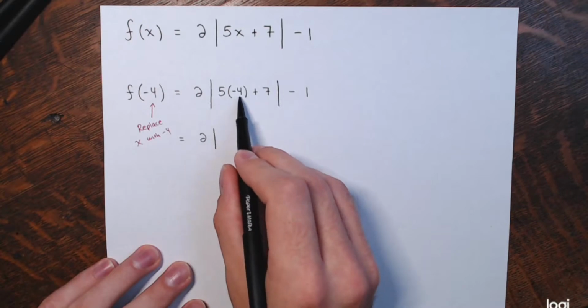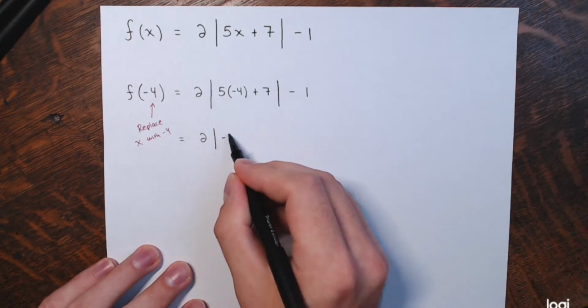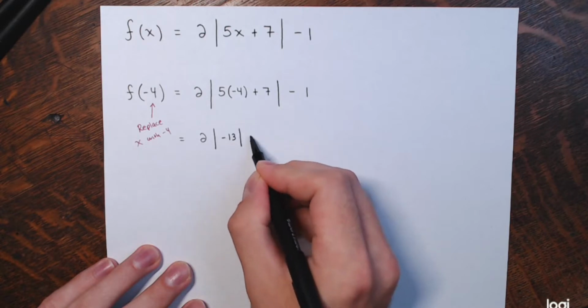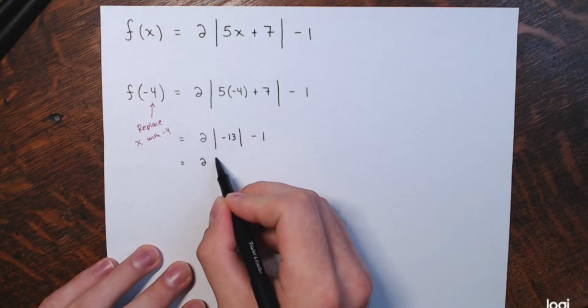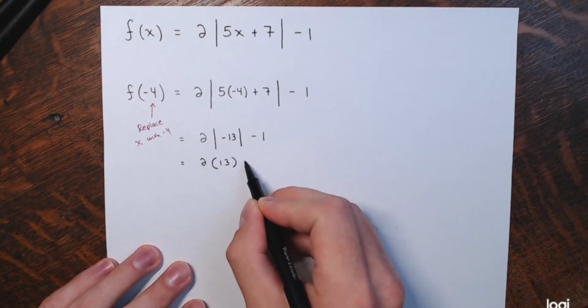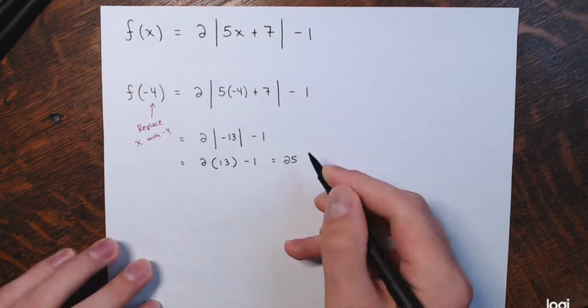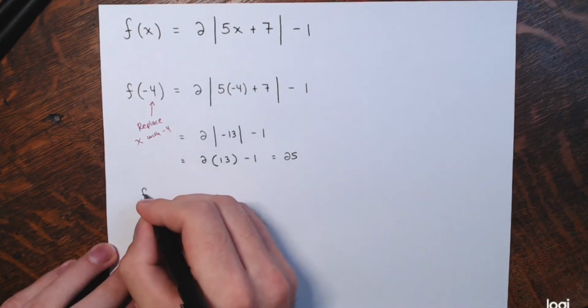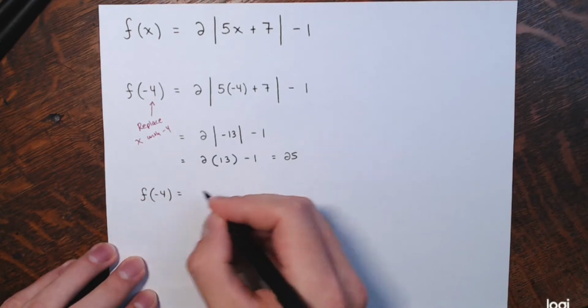Now inside the absolute value symbols, this is -20 plus 7, that'd be -13, then -1. But the absolute value of -13 is +13. So I have 2 times 13 minus 1, which is 26 minus 1, that's 25. So the value of this function f at an input of -4 is 25.